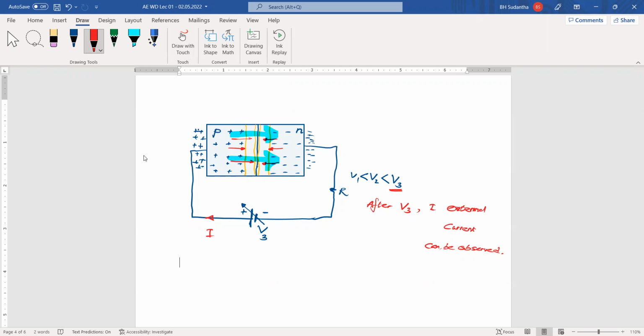Actually, inside thing we can't see, but whatever we have in a practical circuit, we can find and measure all these things externally. Through the component you can send a certain current, but externally you can measure the current. Inside we don't know what will happen, but we can explain that one. Anyway, we have connected this battery externally and we can measure the current externally. And this I is external current. That's why I'm saying this I is external current.